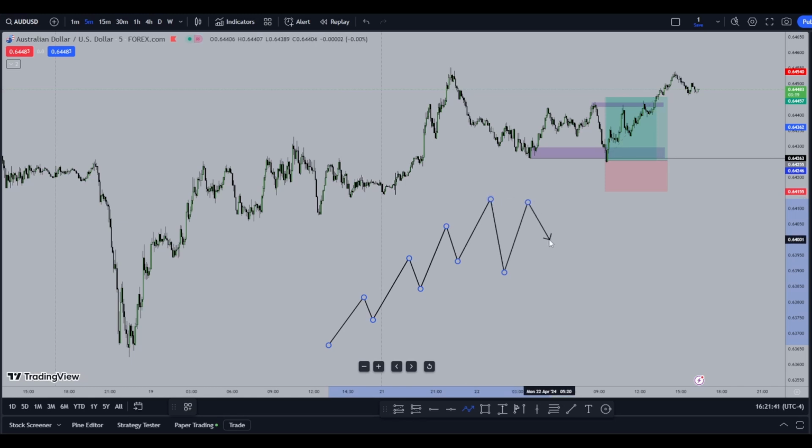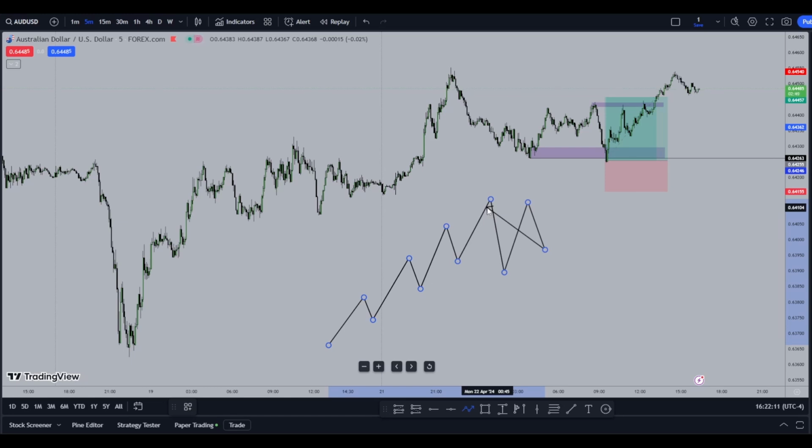It will go down, and now people will think there was a change of character over here, and that the market is rejecting from this last candle, and they will say this is an order block, like the last upward candle. It's not an order block. People have mixed up smart money concepts with supply and demand. Or they will say this is a breaker block or something. Don't mess it up. Just use simple terms and make it easy.